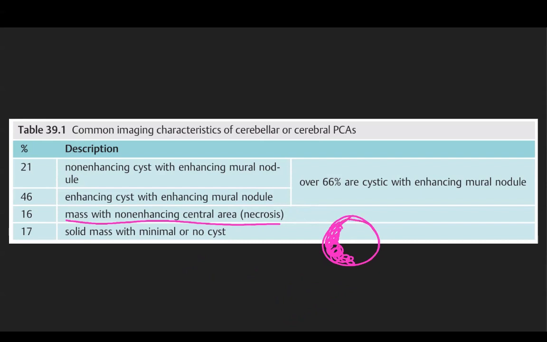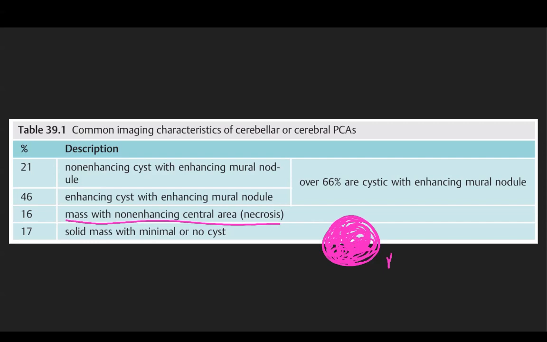You can just think GBM, and you can also think of the image that we saw a few slides back. There is a solid cystic irregular portion, and then there's a ring, and that is also a presentation of pilocytic astrocytoma. Sometimes it can also present as a completely solid mass, which is enhancing, and there is no cystic component. And this type is common for grade 4 astrocytoma.